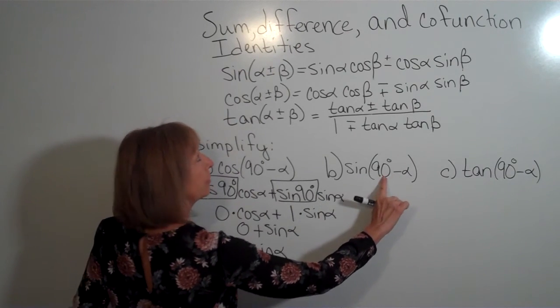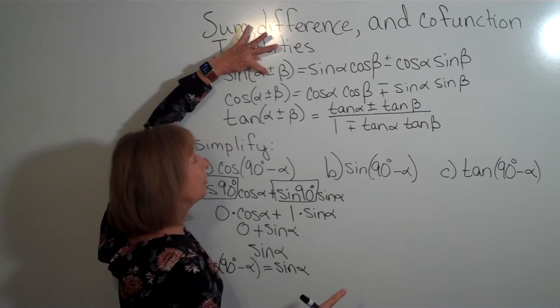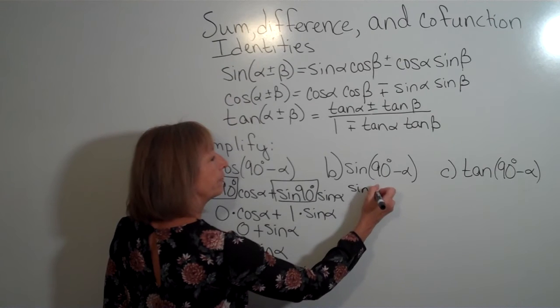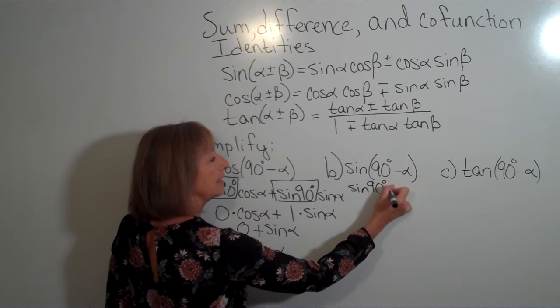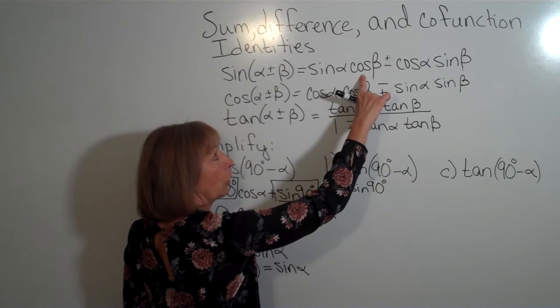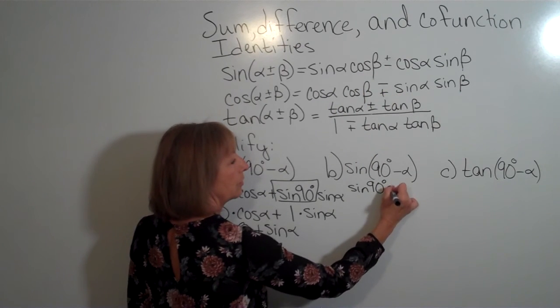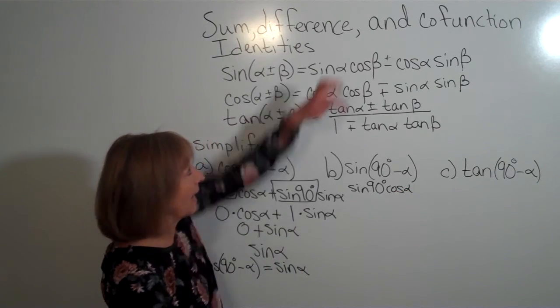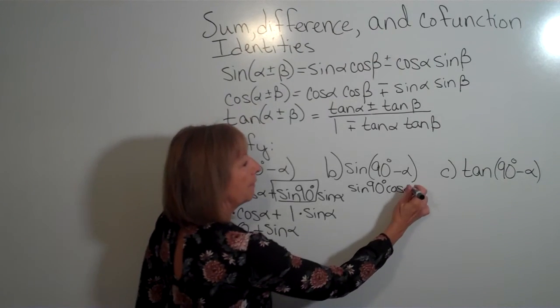Sine of a subtraction of two angles. I'm going to do the bottom path. So it's the sine of the first angle times, here the trig functions don't match, so this is going to be the cosine of the second angle, so cosine of alpha, but the plus minuses match. That's still going to be minus here.